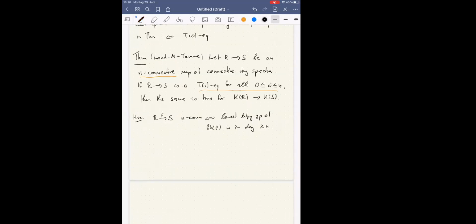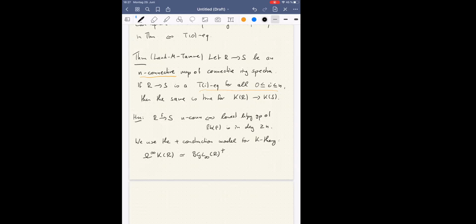Okay, so let me give you a very short sketch of the proof. Actually, it's the same sketch you can also go for Waldhausen's theorem. We use the plus construction model for K theory: omega infinity of K of R is equivalent to BGL infinity R in the plus construction.